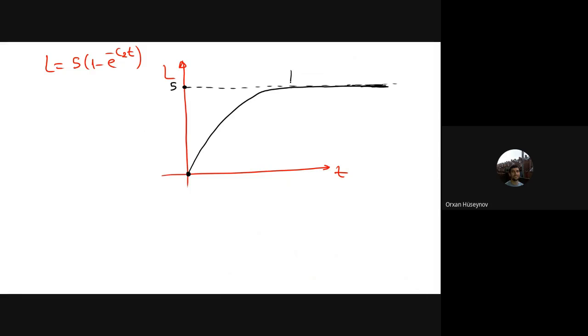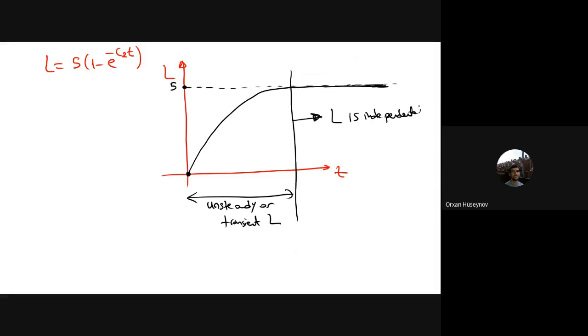You can see that till this part you have the unsteady or transient L. But from this part on, L is independent of time.